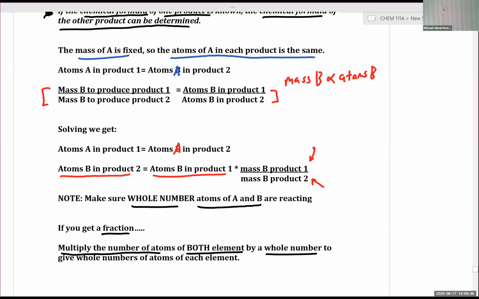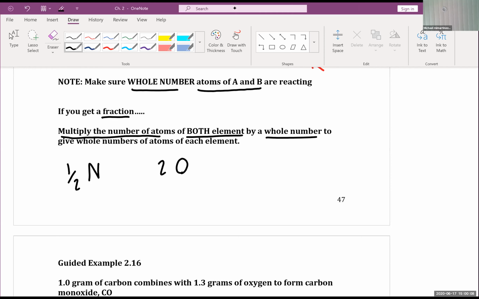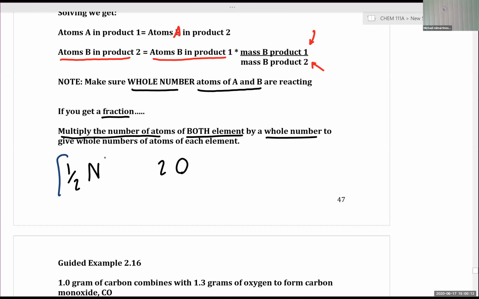So what do I mean by that? Let's show an example. Let's suppose I do this calculation and I get 1/2 atoms of N and 2 atoms of oxygen. Let's just suppose I get that. So I obviously can't have half an atom reacting. That doesn't make any sense. So I'm going to multiply both of my atoms by a whole number, in which case it's most commonly the denominator.